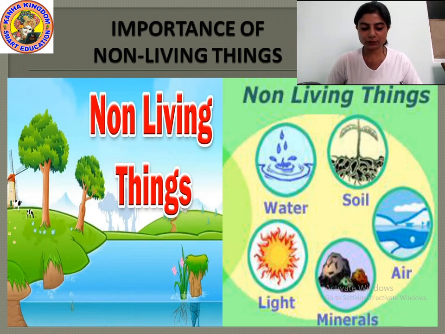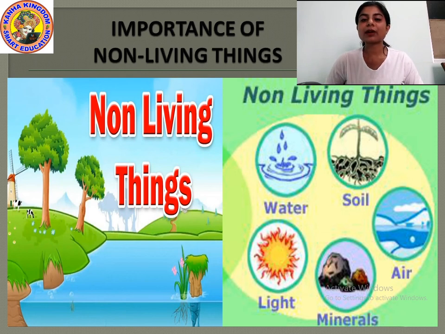Then soil is a non-living thing, but we need soil to build our house. Plants are living things, but plants need soil to grow. A living thing needs non-living things to live.